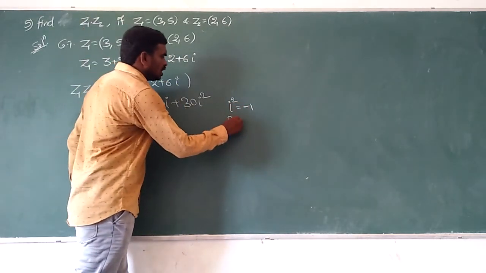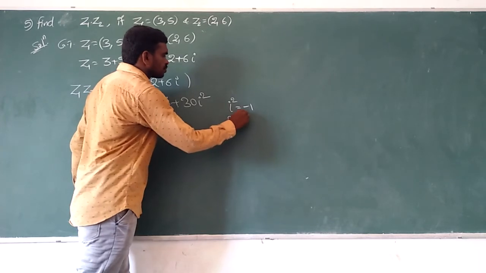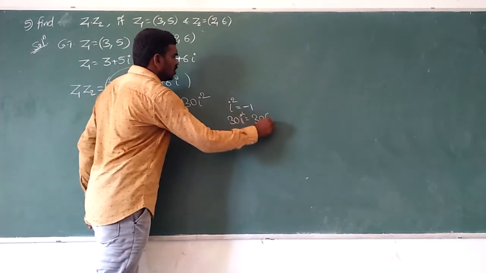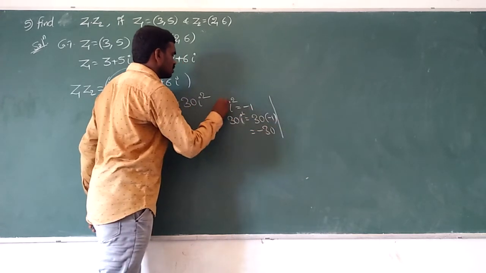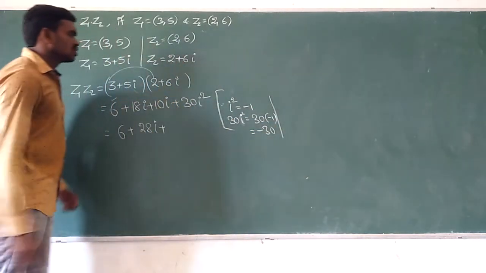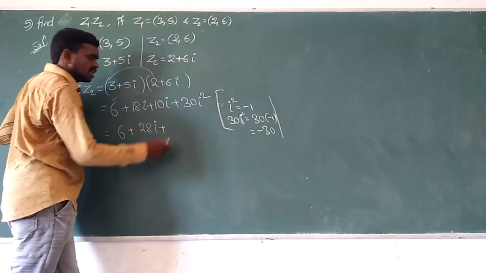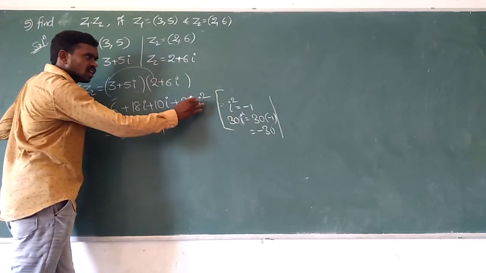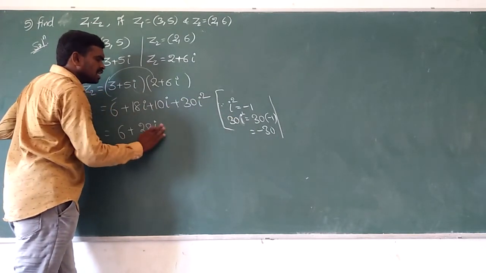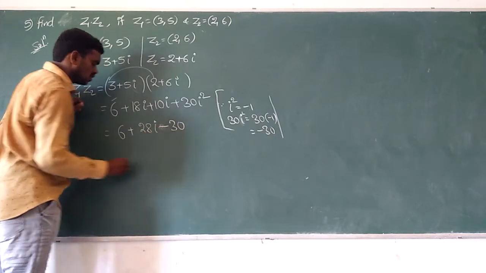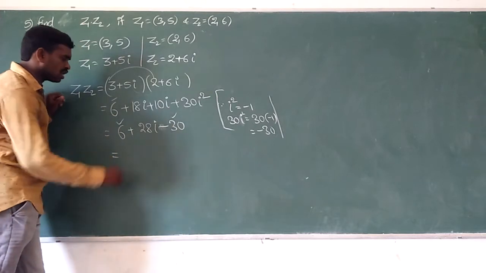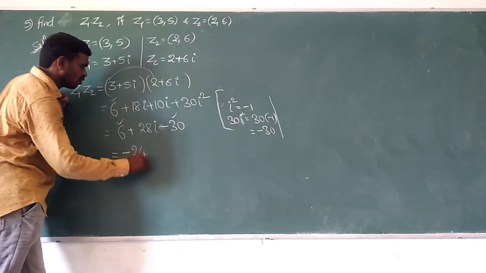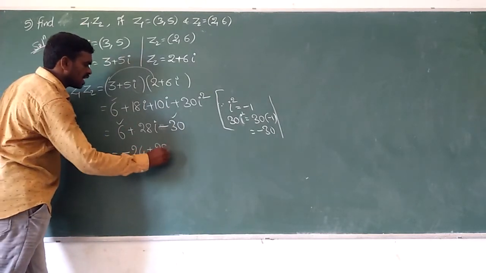So 30 into i square is equal to 30 into minus 1, that is minus 30. So 30 i square means minus 30. Is it clear? i square means minus 1. Minus 1 into 30, minus 30. You know? So by this step, 6 minus 30, how much? Minus 24 plus 28i.